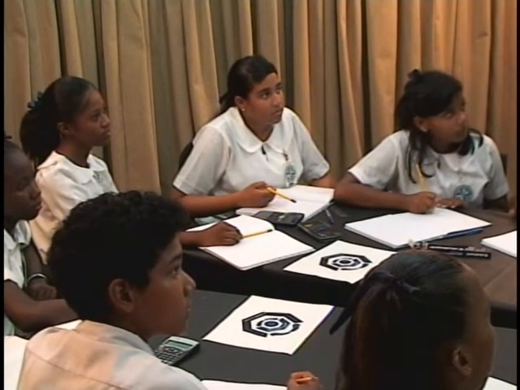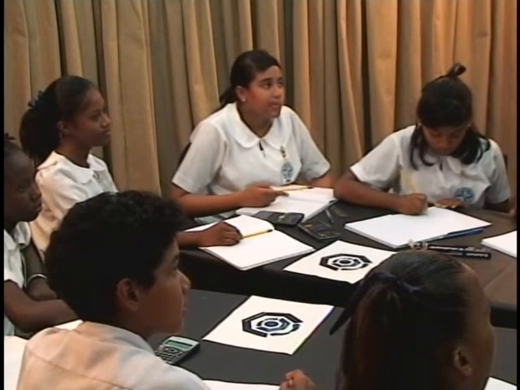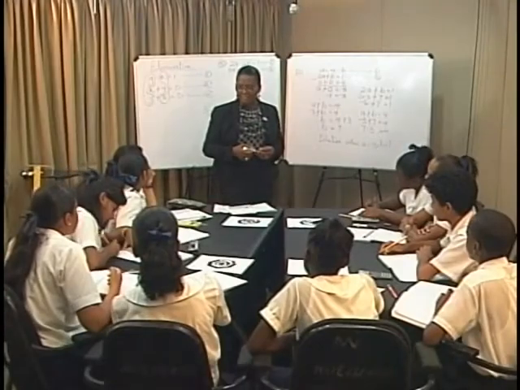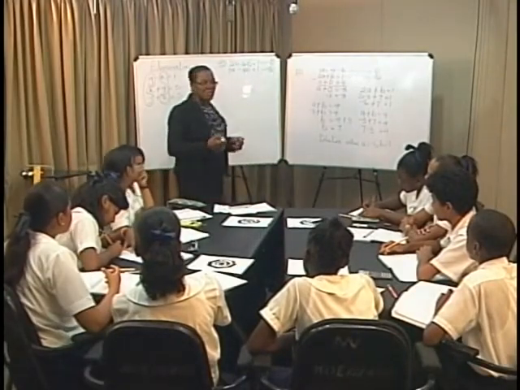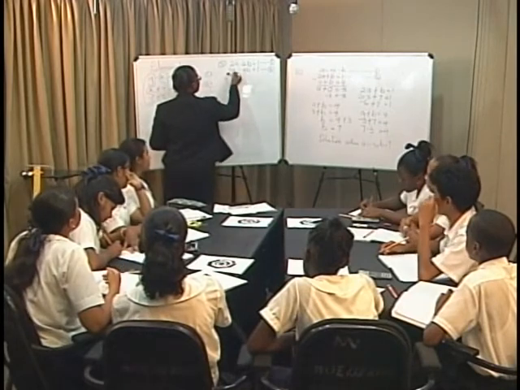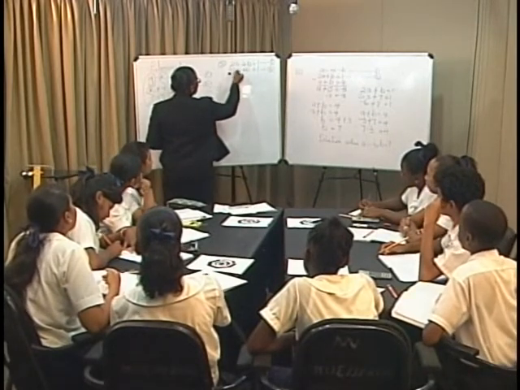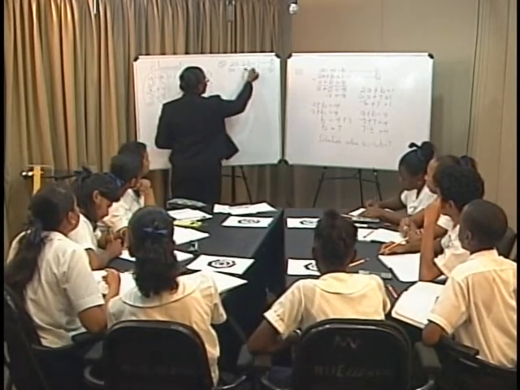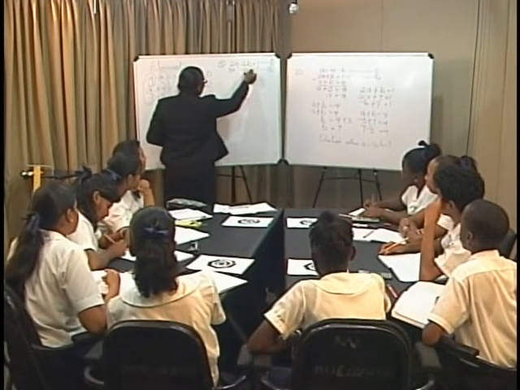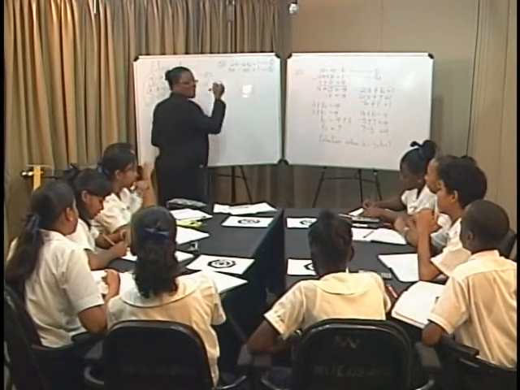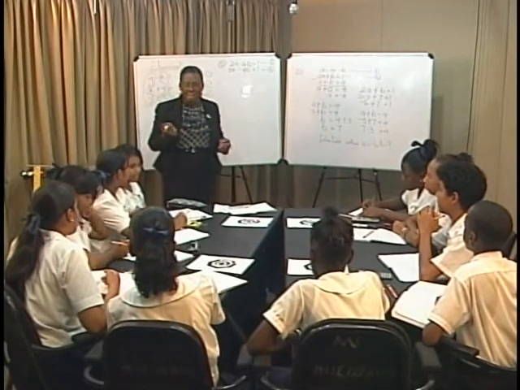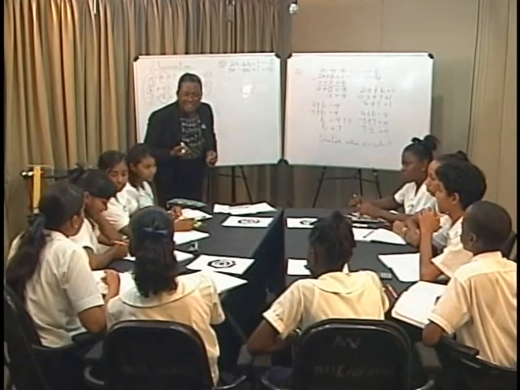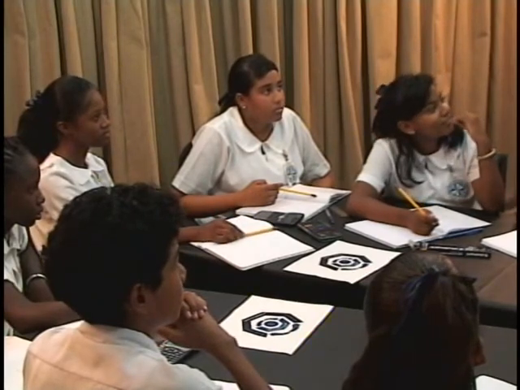Anybody else have any thought? What do you think we can do to make these two the same? But I think it would be easier to work on these two. We have a 4 here, we have a 2 here. Yes, Monica. Multiply the 2 by 2 together.